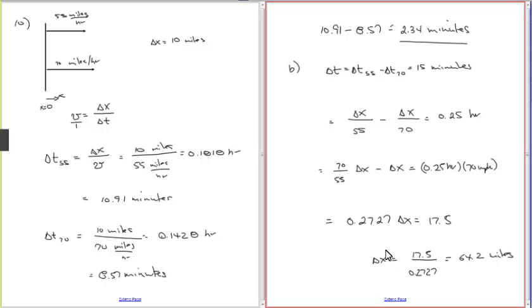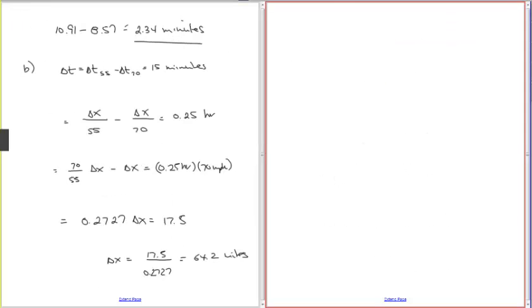And so what it means is, let's just confirm this is true. When this guy has traveled 64.2 miles, it takes 64.2 miles divided by 70 miles per hour, 64.2 divided by 70 is 0.917 hours.